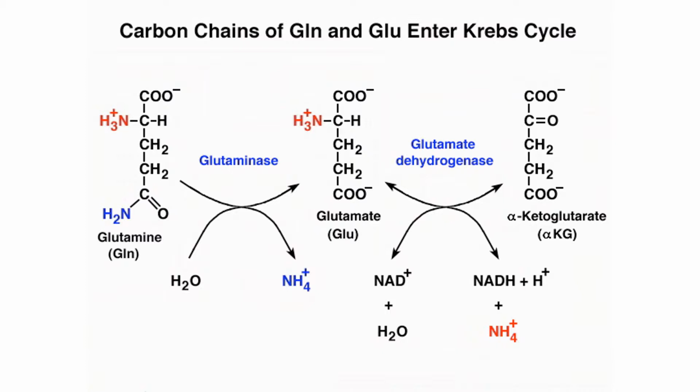This reaction can also be reversed by glutamine synthetase, not shown here. That glutamate, in turn, can be converted to an alpha ketoglutarate, or it can function as a precursor for a number of other biological molecules or intermediates.